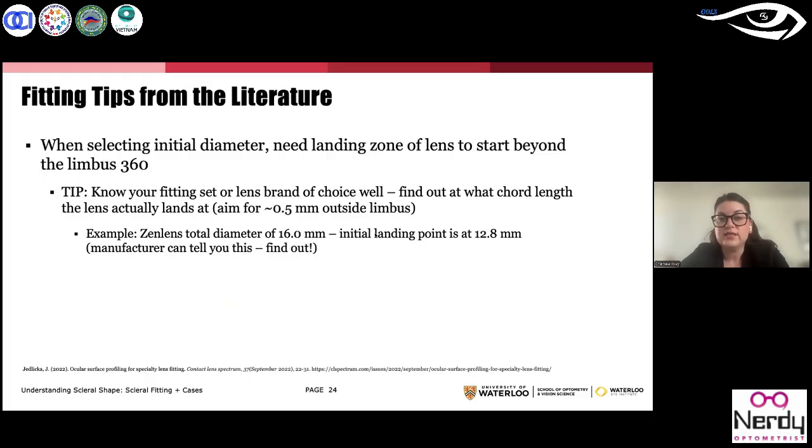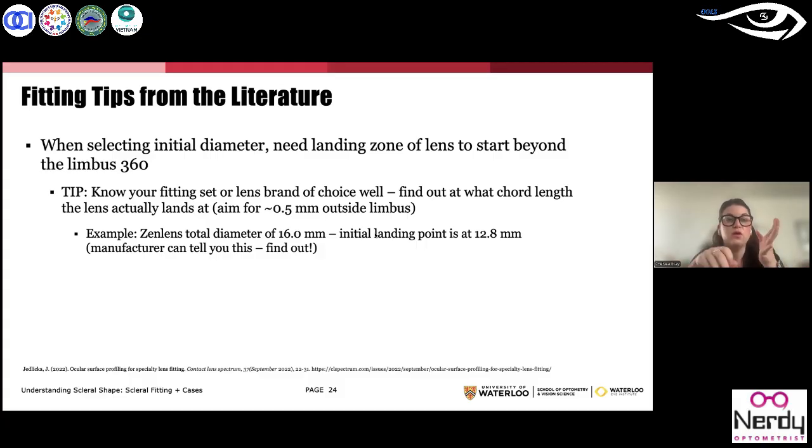When you're selecting the initial diameter of your scleral lens, you're obviously looking at HVID and VVID, as I mentioned. A lot of the times the manufacturer will have a recommendation to work from, but you really need the landing zone of the lens to start outside of the limbal area all the way around.